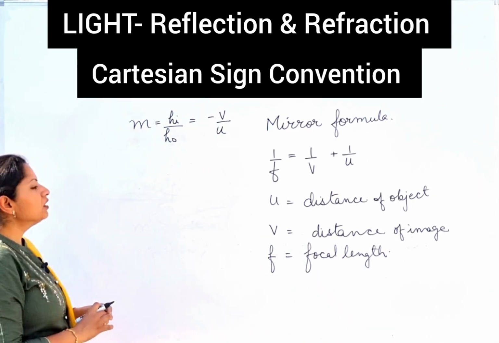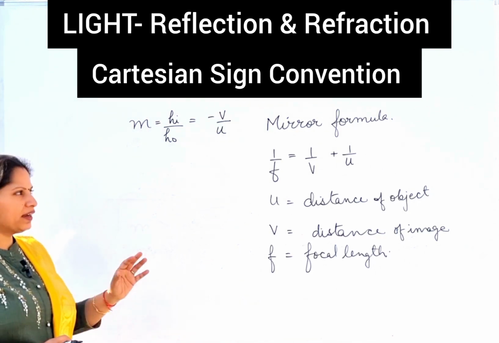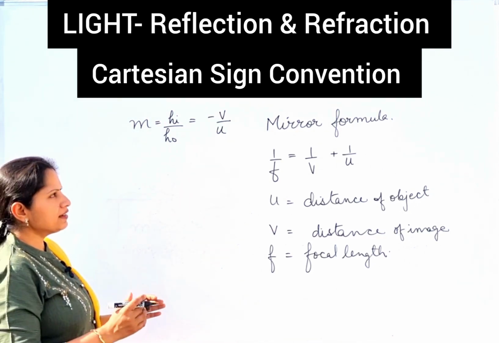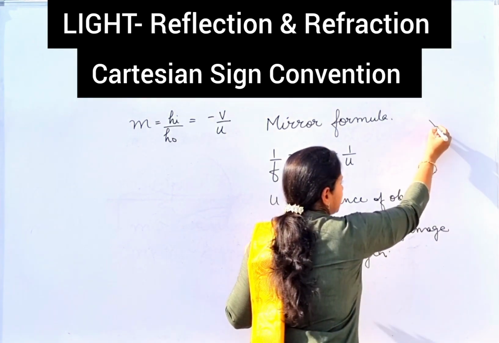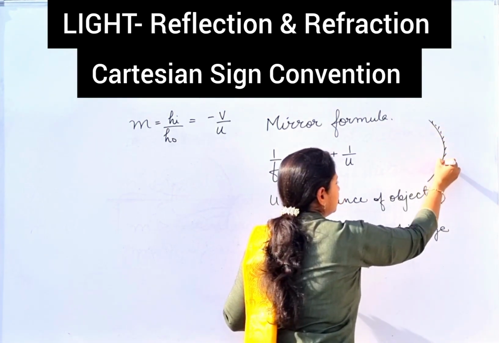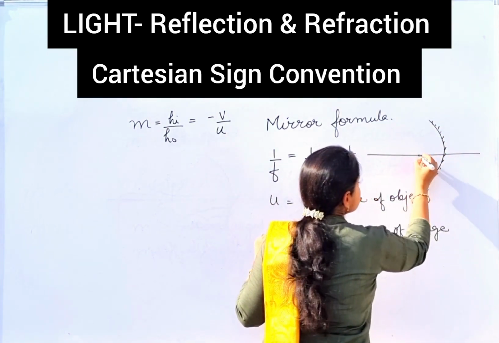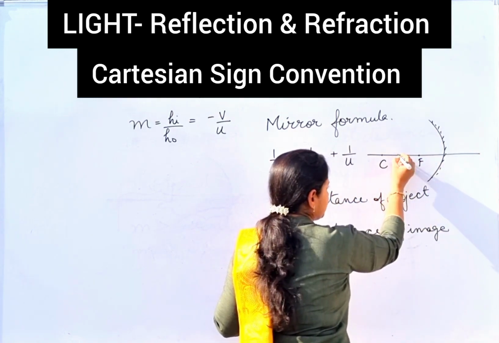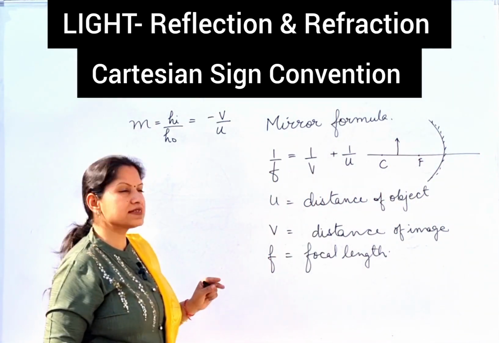Now how is this magnification formula important and what is this U, V and F? Let's understand this. For example, this is a mirror we have. This is a concave mirror. This is F, focus. This is the center of curvature. Suppose this is the object that is placed.